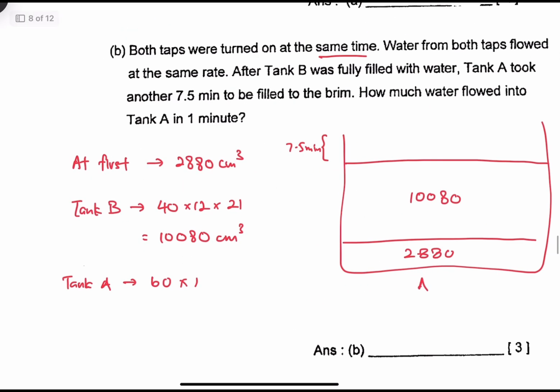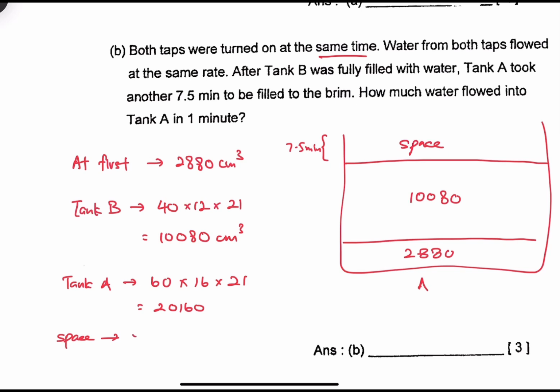60 times 16 times 21 will give you 20160. I'll label the empty space for the 7.5 minutes.